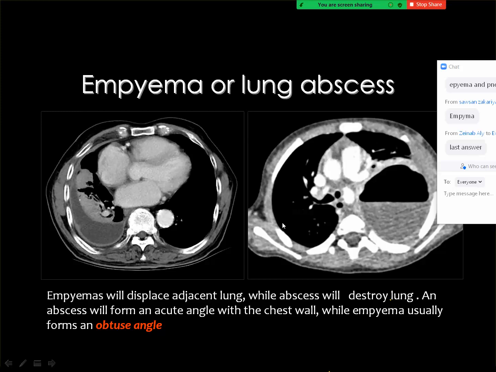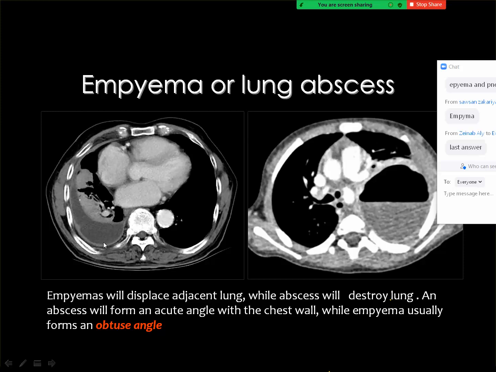This is the difference between empyema and lung abscess. The lung abscess is rounded, and empyema will follow the course of the pleura. Empyema will have the split pleura sign, while the abscess does not. The angle between the abscess and the pleural surface is acute, while the angle between the pleural surface and the empyema is obtuse.